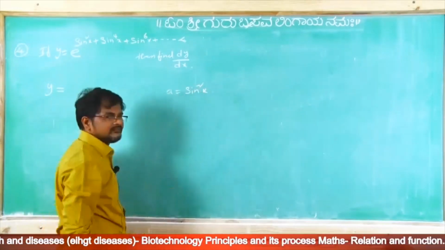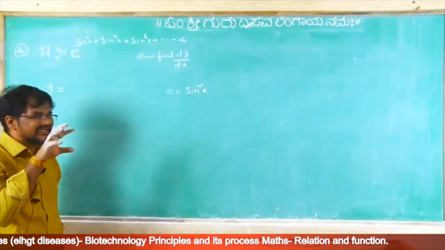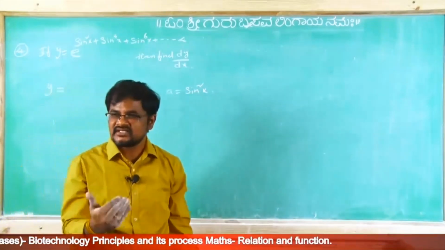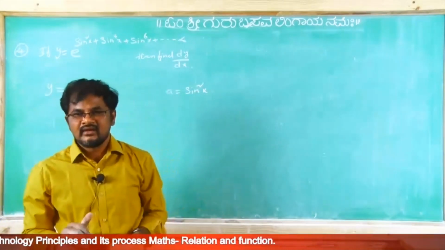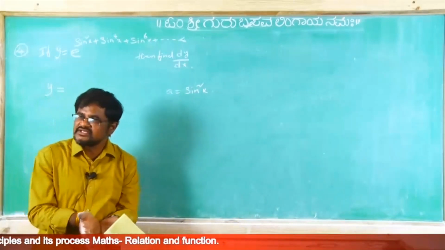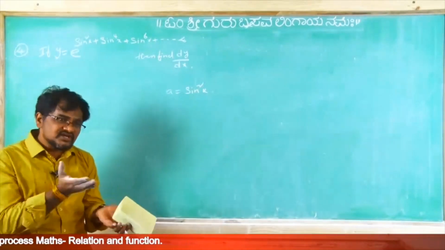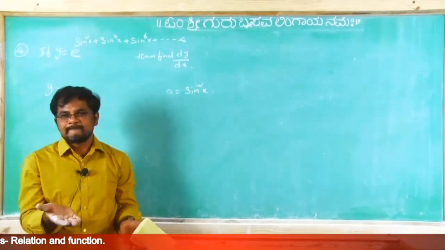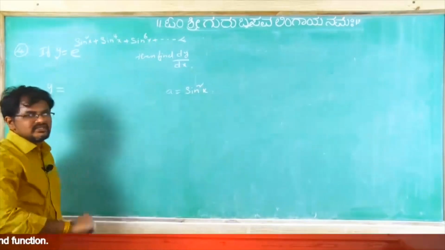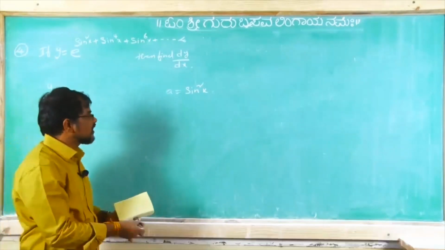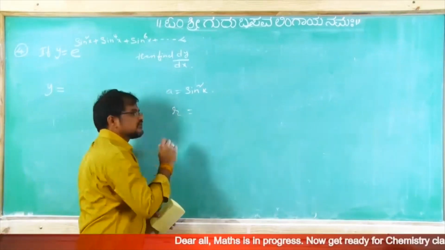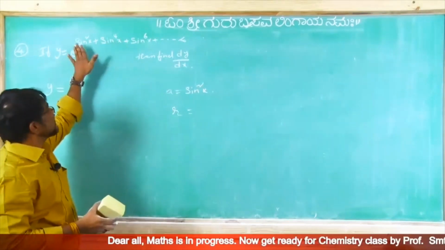We have to identify whether it is an AP series, GP series or HP series. If the common difference is same, it is AP. If the common ratio is same, it is GP. So first term is sin square x. How to identify the common ratio? This one by this one.